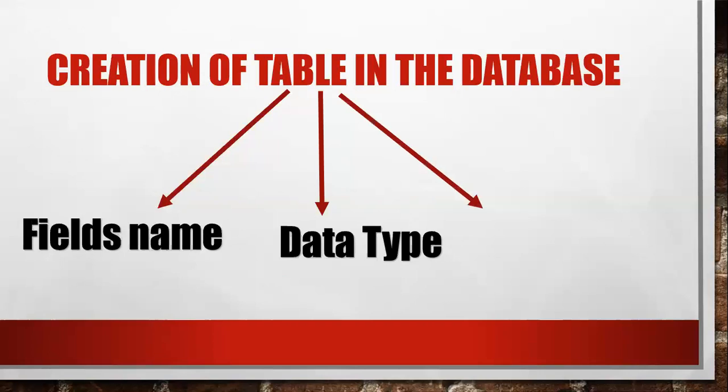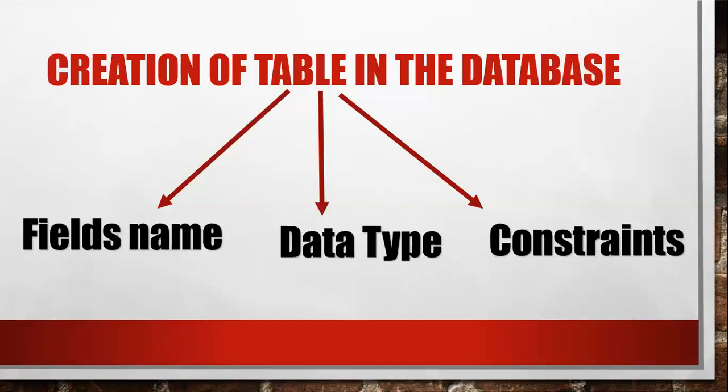And the last thing is constraints. Constraints are the limitations that we impose on the field. As we know, the primary key constraint is there, the foreign key constraint is there. These are constraints. We already discussed the primary key and foreign key in our previous lectures.